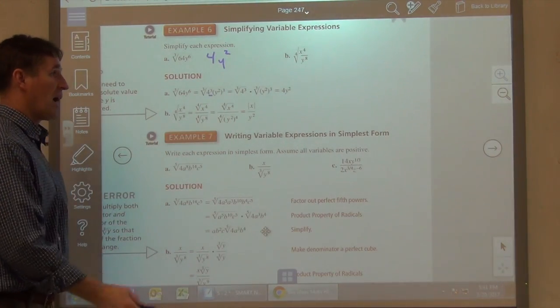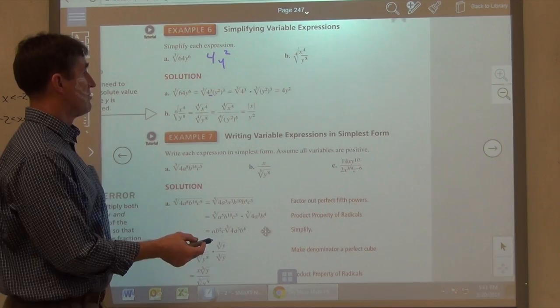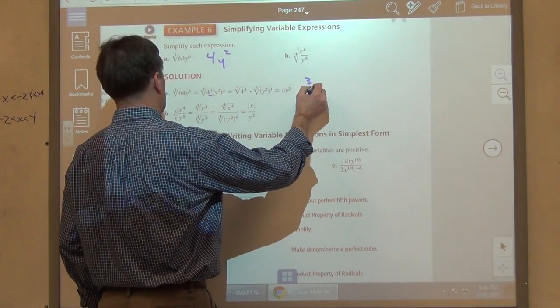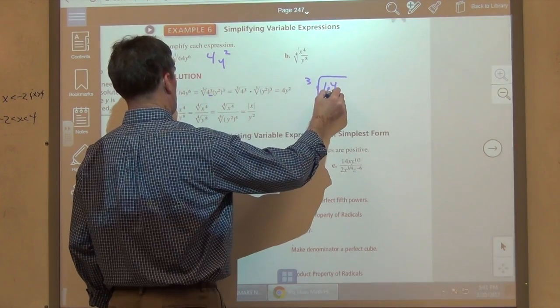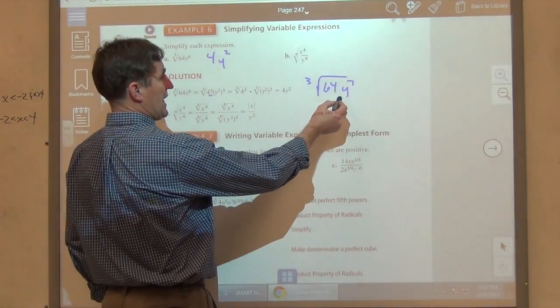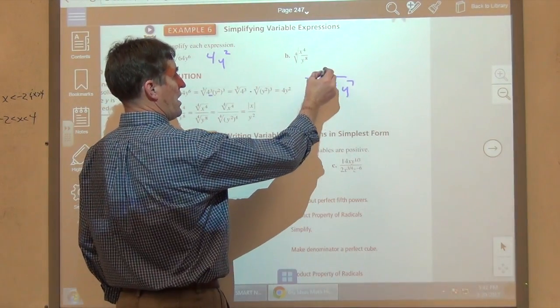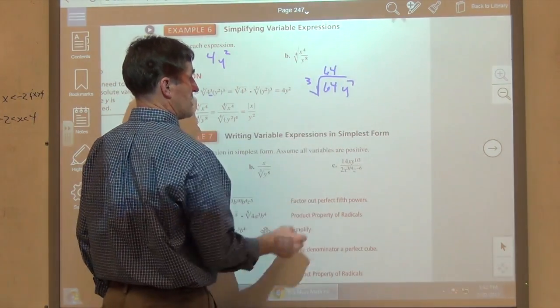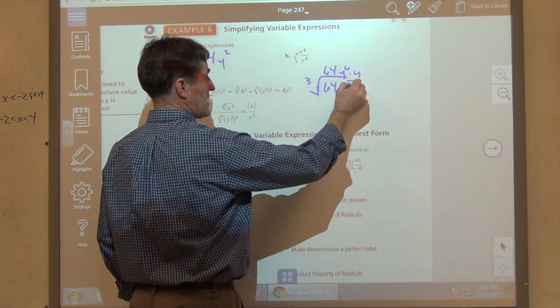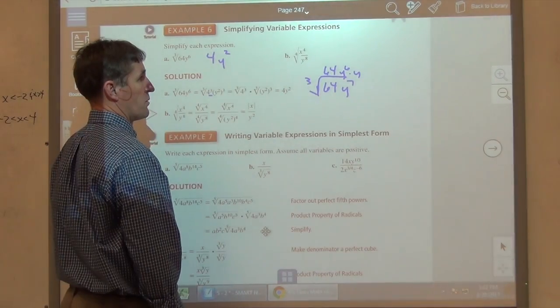But sometimes it's not. And so let's take one where it's not. Let's say that was the cube root of 64 y to the 7th. Well, what I do is I break it down into something that is. So I can do the cube root of 64, so that's good. And then I just break this y to the 7th into y to the 6th times y. Okay?